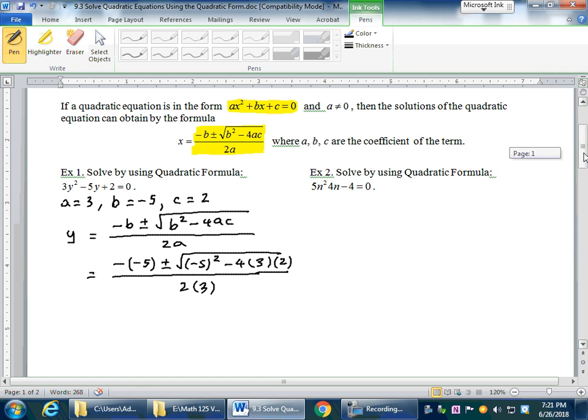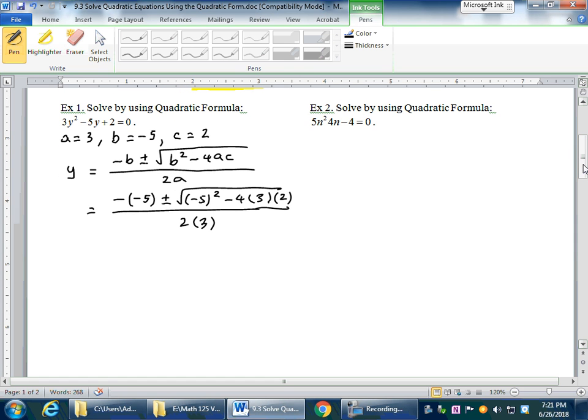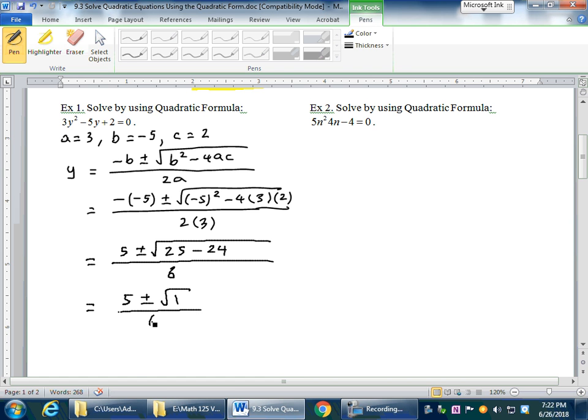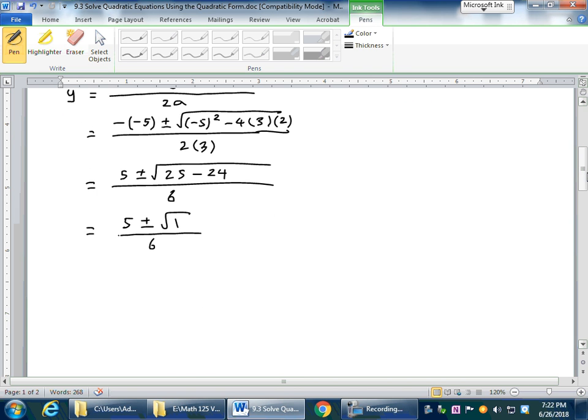Simplifying these expressions will help me get my final answer, which is 5 plus or minus the square root of 25 minus 6 times 4, which is 24, over 6. That is equal to 5 plus or minus the square root of 1 over 6, that is 5 plus or minus 1 over 6. We break it up into two cases because of the plus or minus.